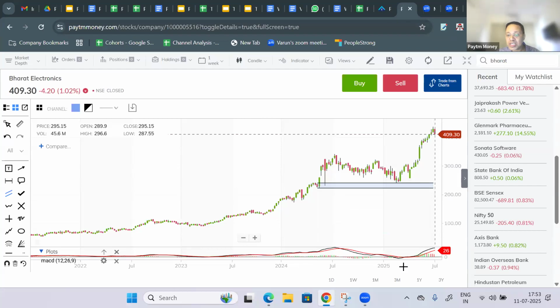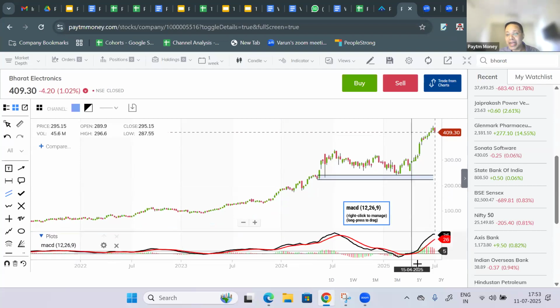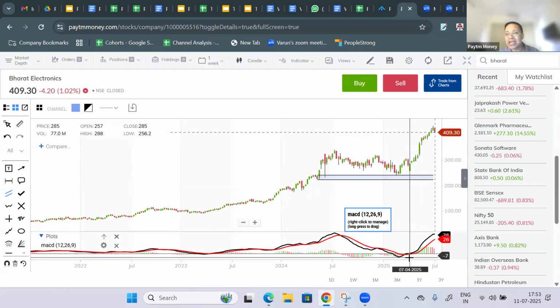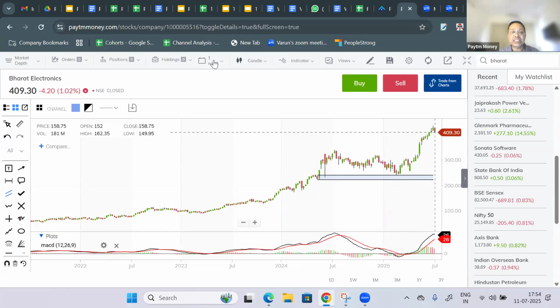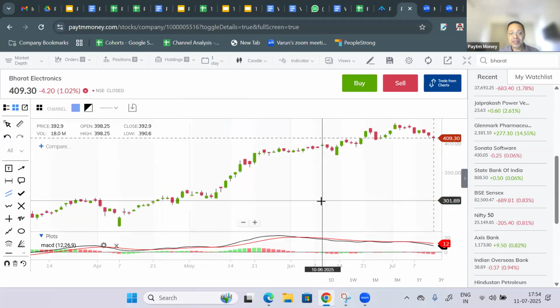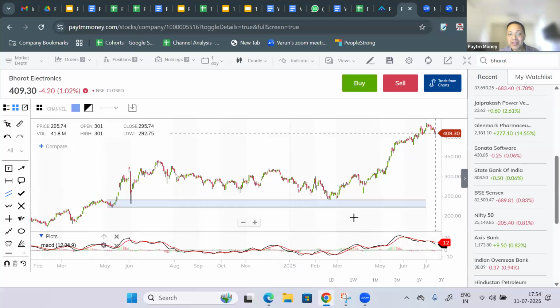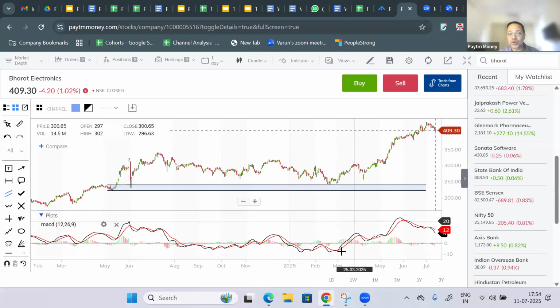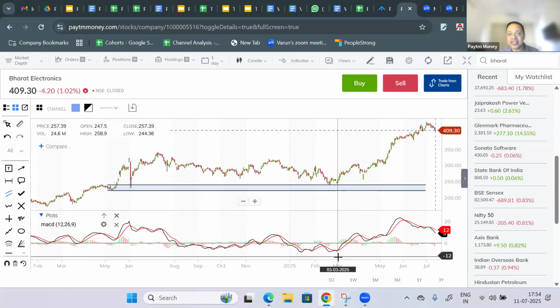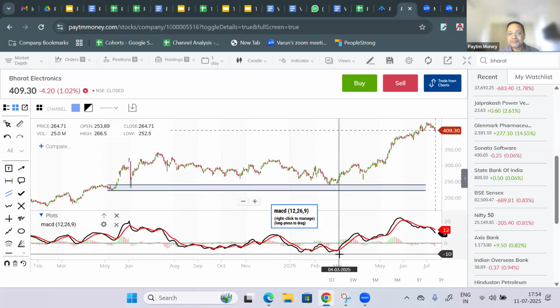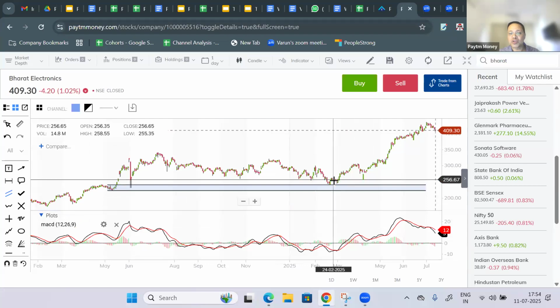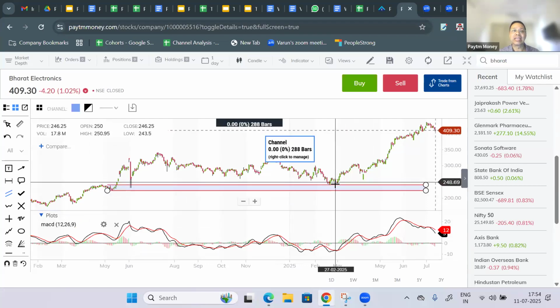If you had consulted the weekly MACD, your buy signal came a little bit late here. But if you had consulted your daily time frame at that point of time, it came pretty soon. Right at this point, you got your buy signal in BEL.